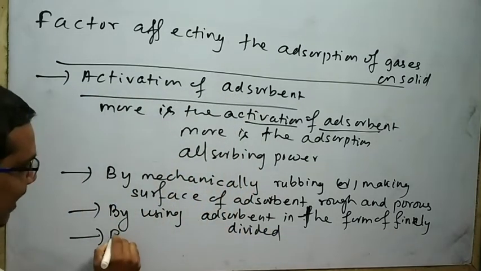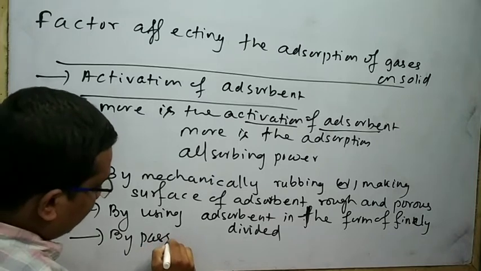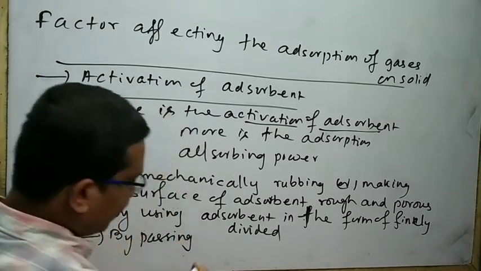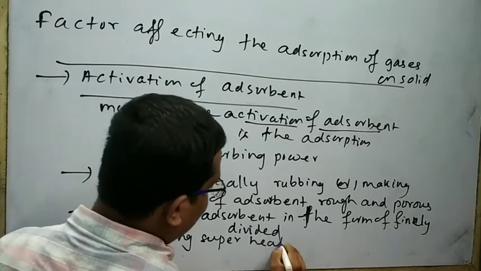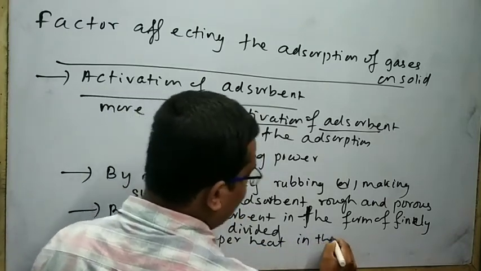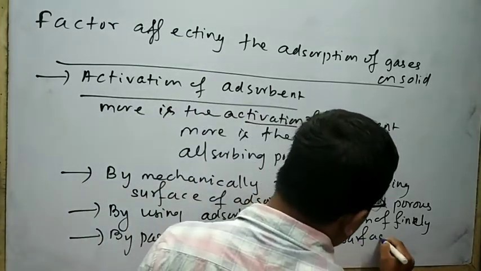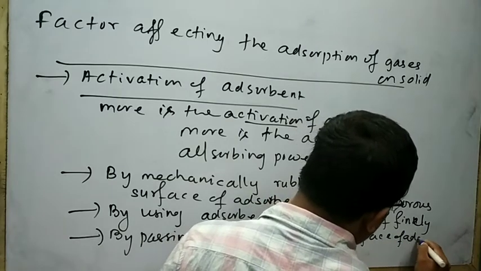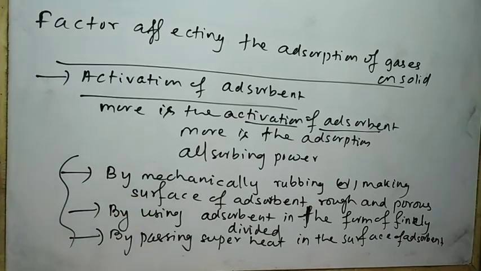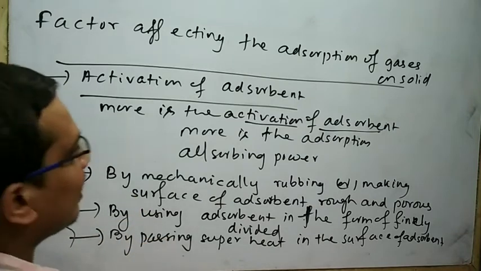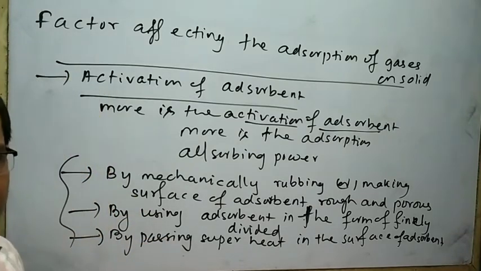Next is by passing superheated steam over the surface of the adsorbent. These are the different methods by which we increase the activation of the adsorbent.